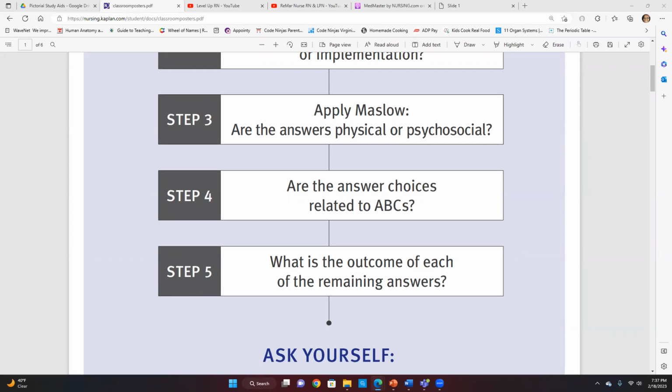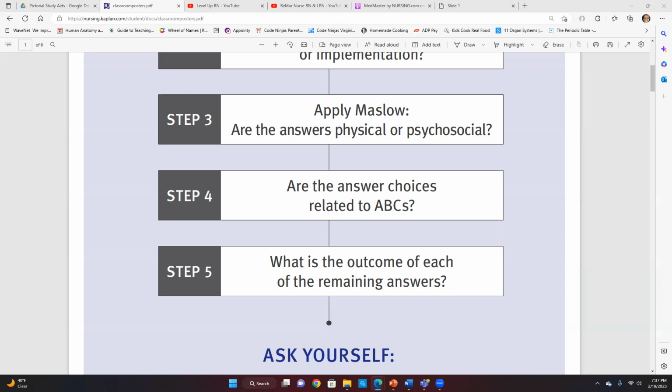How do I know, Mrs. Ignacio, that this is a prioritizing kind of question? Well, you will see, what will the nurse do first, or what will the nurse do immediately? What will the nurse do next? Those are all telling you that this is a priority and I'm going to be using Maslow. And the thing that's important is we have to take care of the patient's physical needs before we can meet their psychosocial needs.